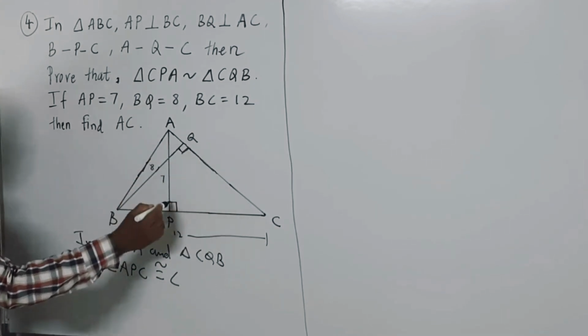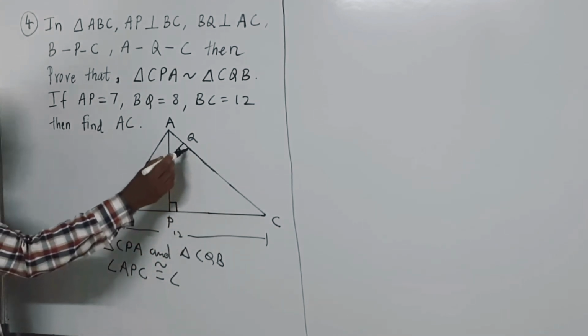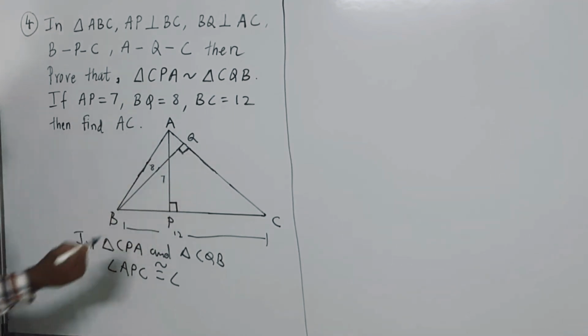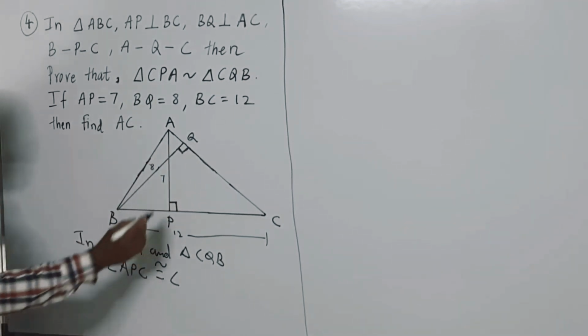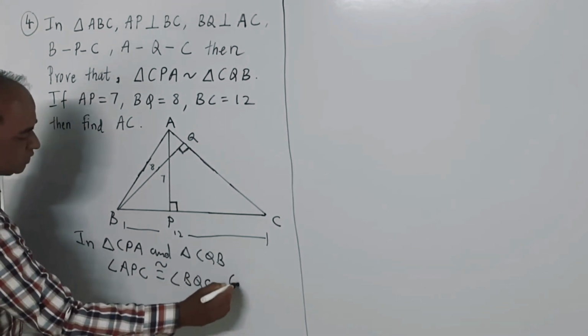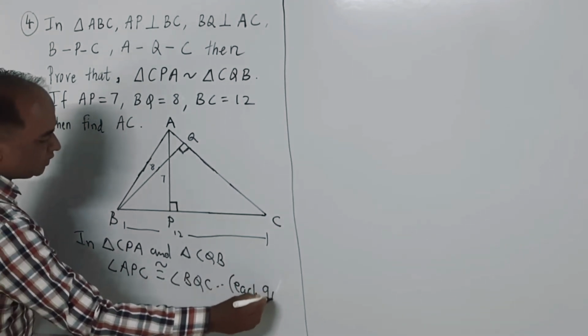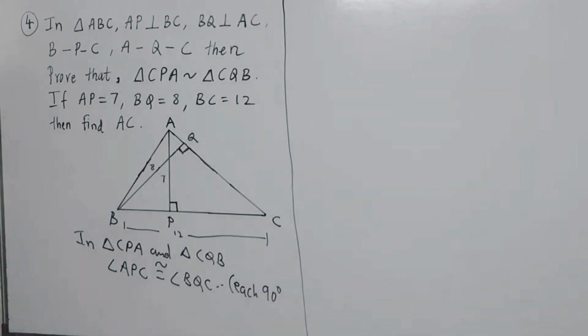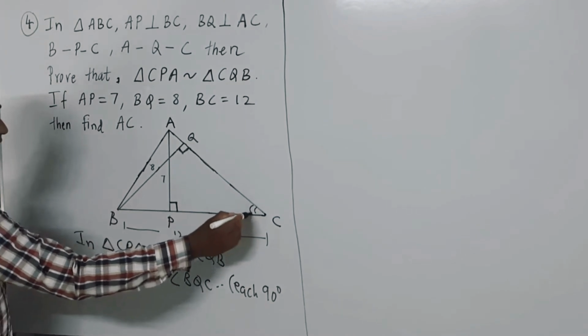So see here, both the triangles APC and BQC are right angled. So angle APC and angle BQC are each 90 degrees. They are congruent.